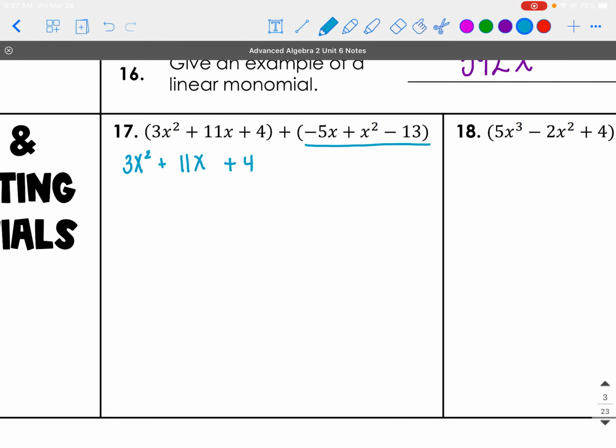And I'm adding this one. So that would be a negative 5x, x squared and negative 13. And so when I add, just add straight down. 4x squared plus 6x minus 9.